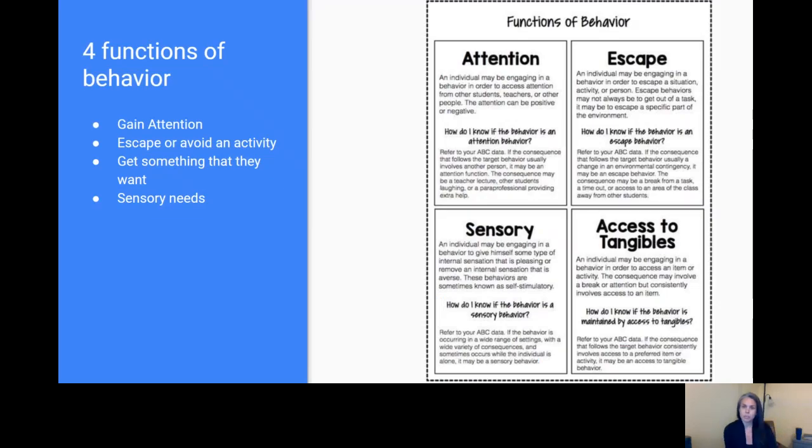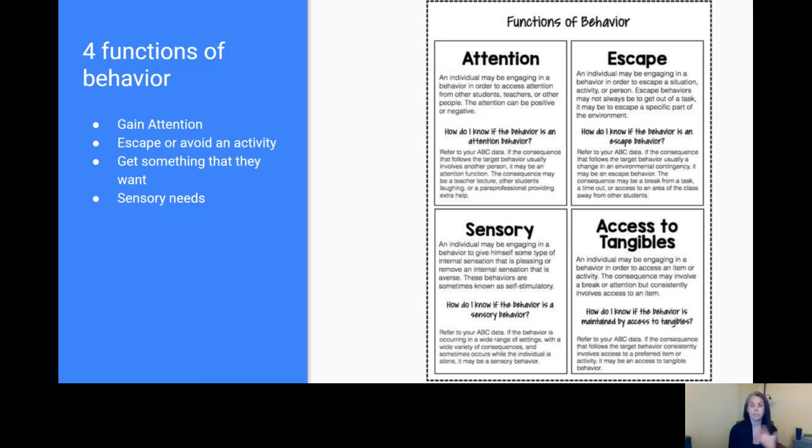The other thing that I wanted to review before I went into the strategies, because again, I'm going to continue to pull this into my examples, is the four functions of behavior. All of our behavior, I've said, is communication, where the child is communicating something. They're trying to tell us something. They like something, they don't like something, they want more of something.